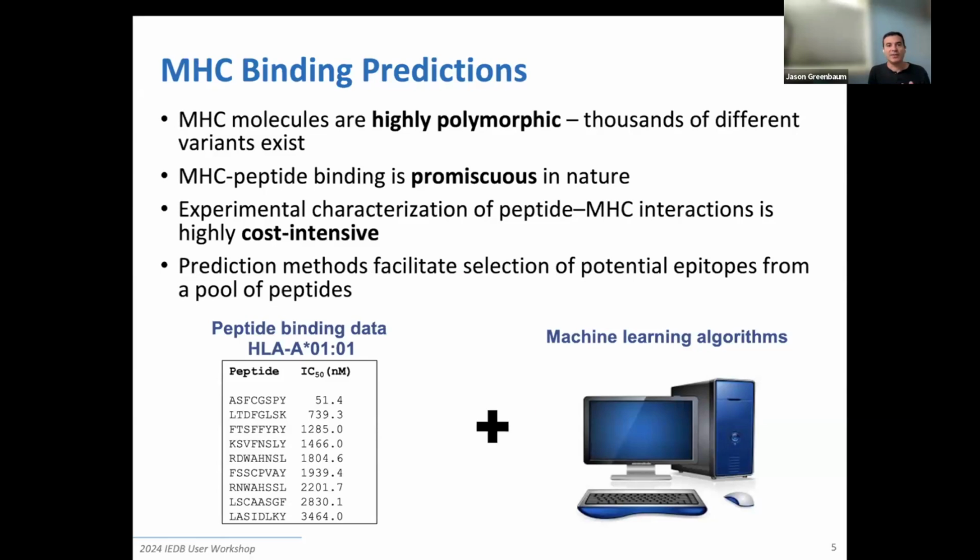And there's a treasure trove of data available that can be used to throw at machine learning algorithms to recapitulate the binding values. So to use the profiles of the peptides and their associated binding constants to be able to make predictions of the same.